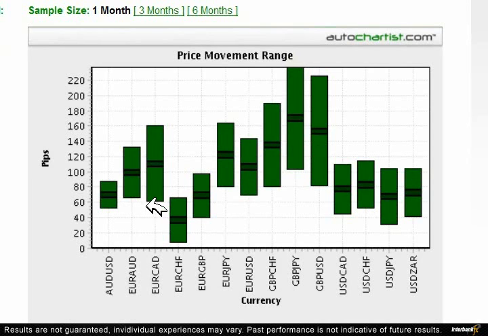Anytime, and I've heard a lot of these fixed pip stops, where someone might say, I'm willing to let the pair move, I'm looking for a risk of, say, 40 pips. And I'm just pulling these numbers out of nowhere. I've heard every kind of combination possible. But say 40 pips I'll risk, and I'm looking to make 80 pips.